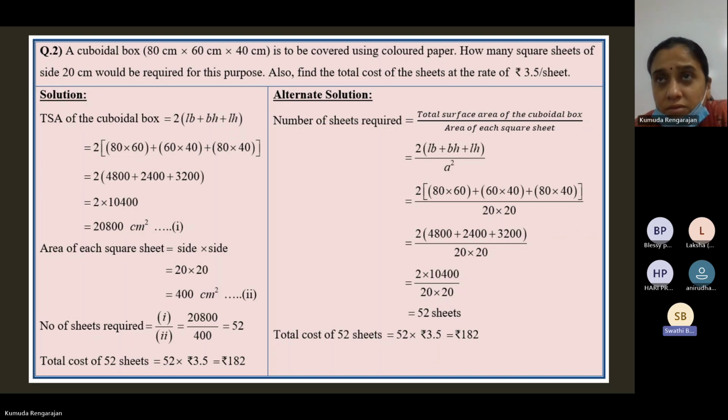We were discussing the solution for the second question, ma'am. Okay. And Anirudh, when did you join? First one or second one? Second one, ma'am. Okay. All right, online children, done? Finished here, all of you?